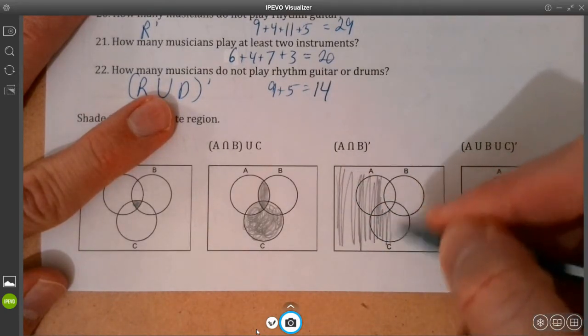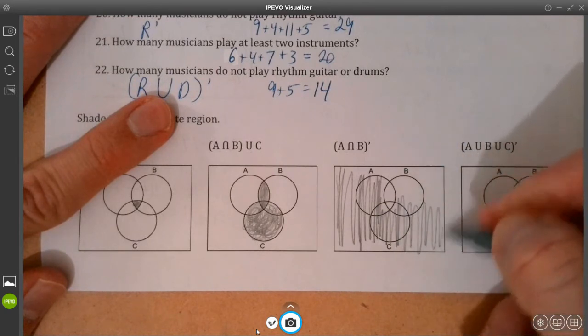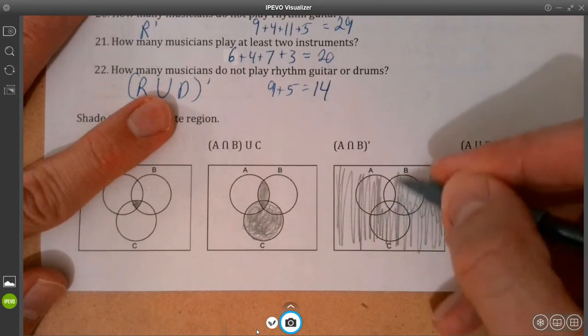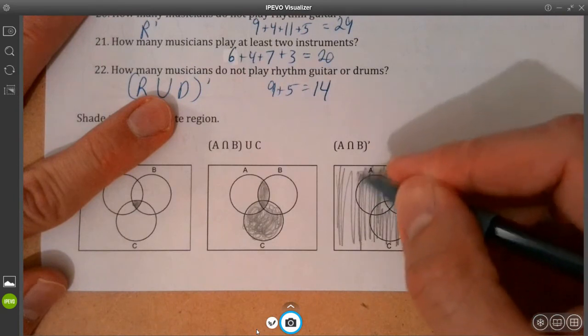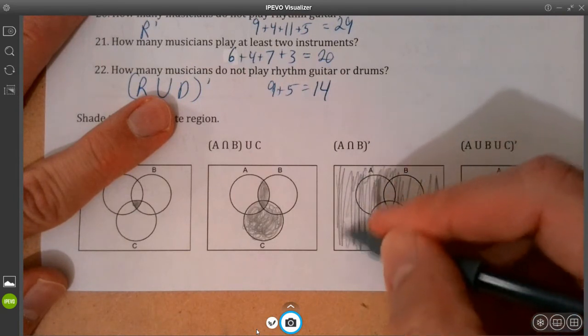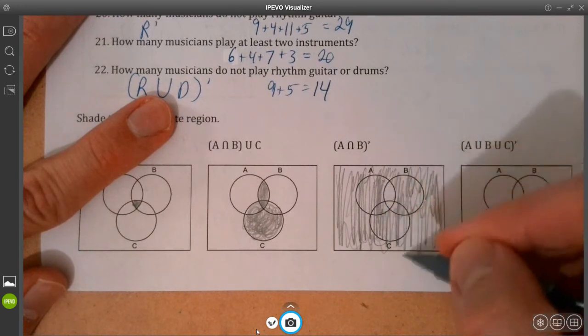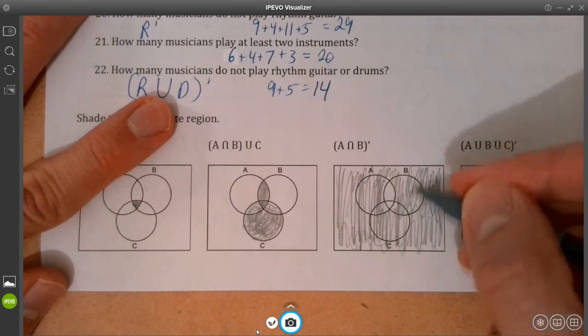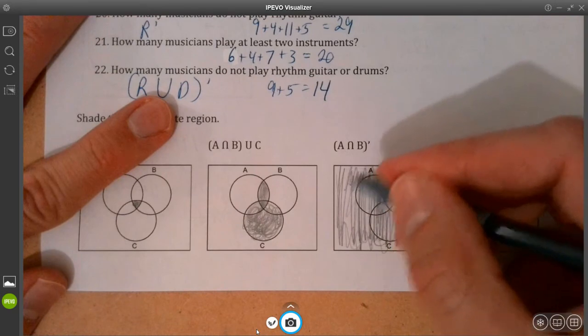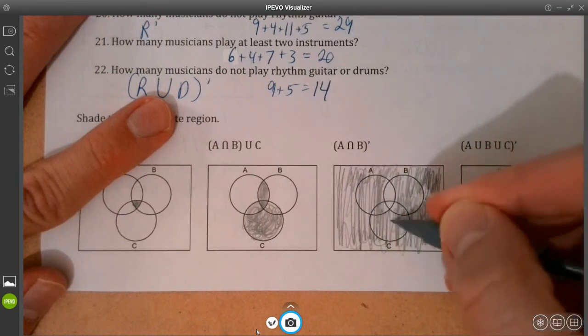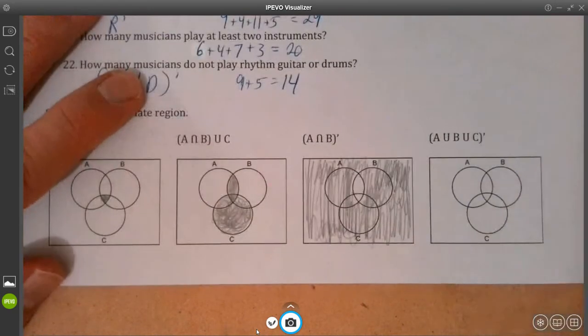It's going to look terrible. There we go. All right.